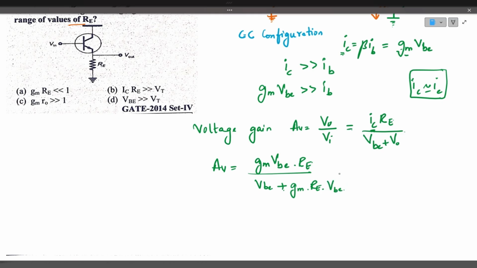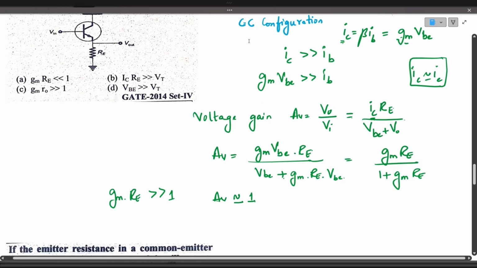So if you take out VBE and cancel it, you will get GM transconductance multiplied by emitter resistance divided by 1 plus GM RE. The value of GM multiplied by emitter resistance is far greater than 1. So voltage gain can be approximately made equal to 1.